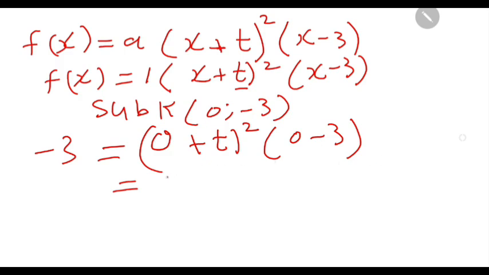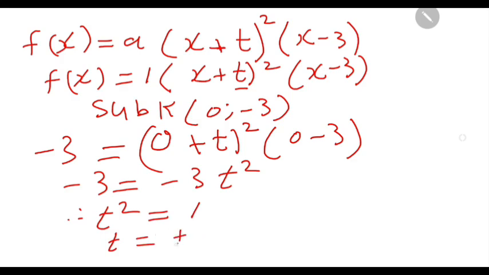So I'm going to solve here. This is going to be negative 3t square is equal to negative 3. So therefore t square is going to be negative 3 divided by negative 3, which is 1. To find t is going to be positive and negative 1 root. So answer going to be positive and negative 1.